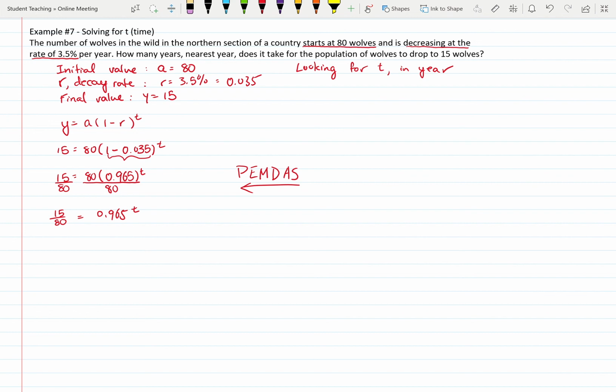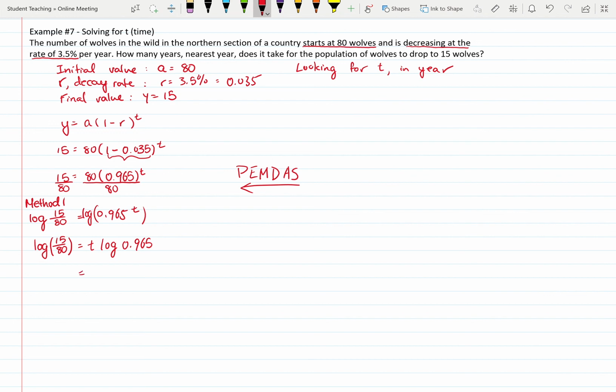There are two ways. Method 1: take a log on both sides. Any log of any base is fine. That becomes log of 15 over 80 equal to, moving the t to the outside by the power rule, t times log of 0.965.